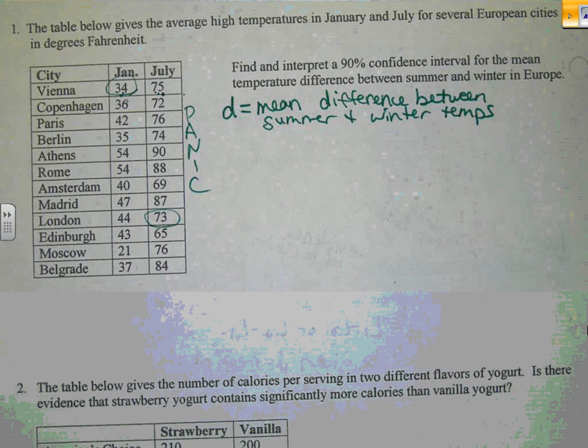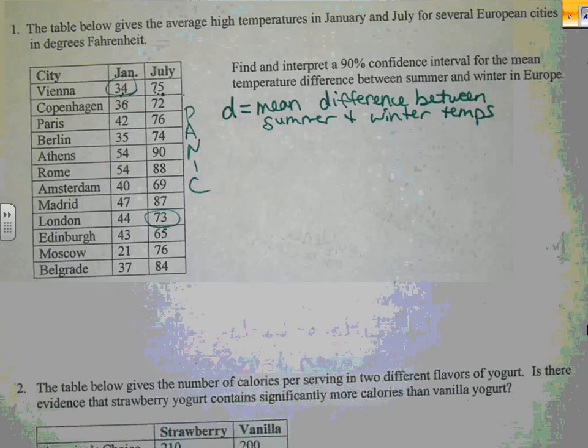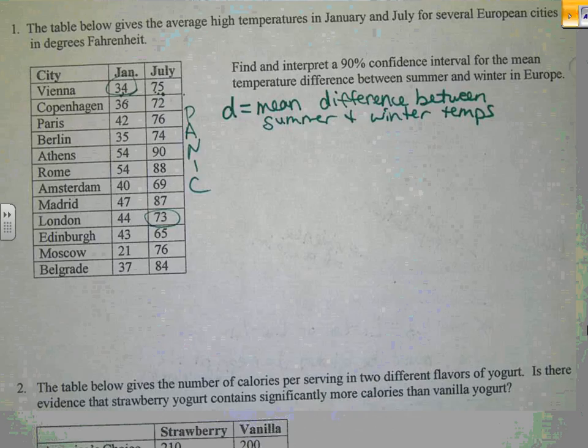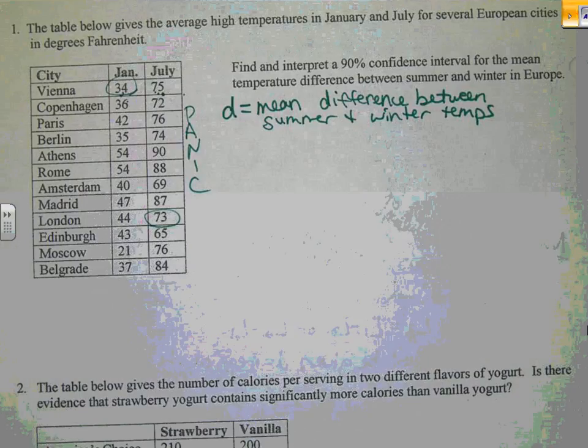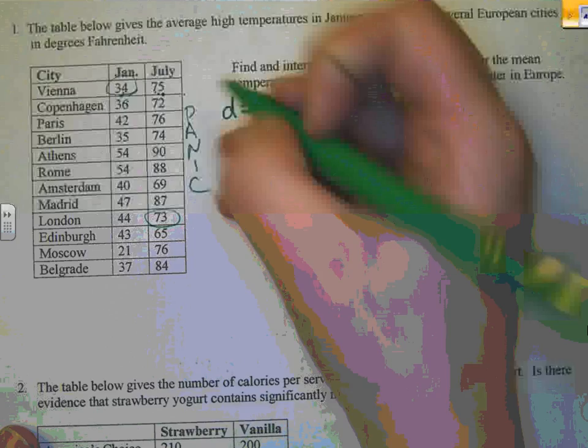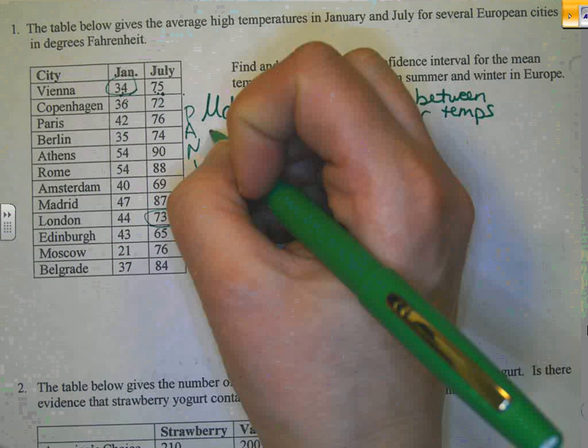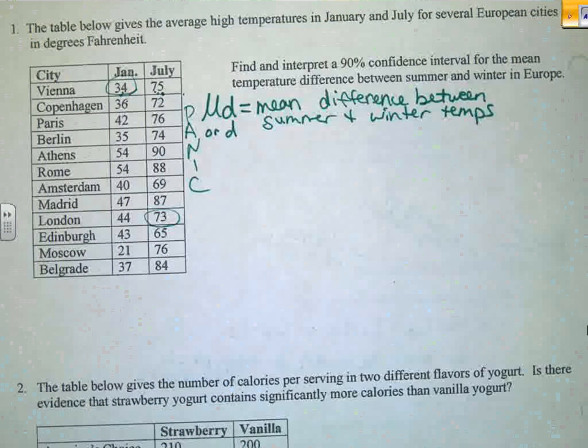Do we have to? Yeah, that is your parameter instead of saying mu. Or you can either put D or mu of D. Now that's good. I just keep adding things.